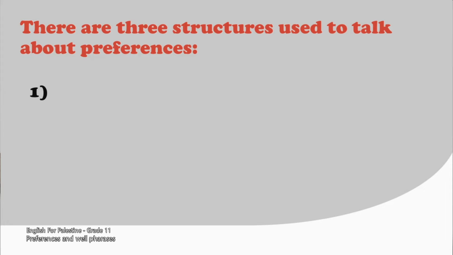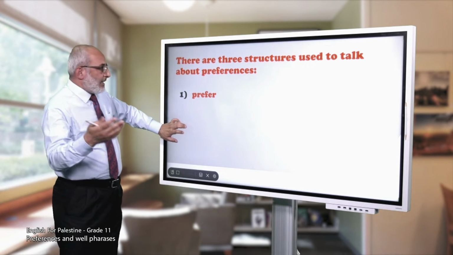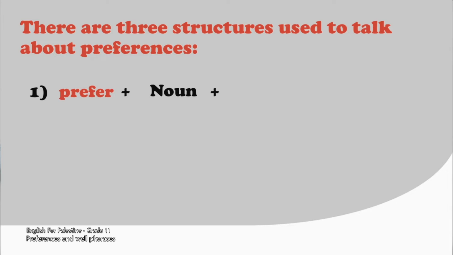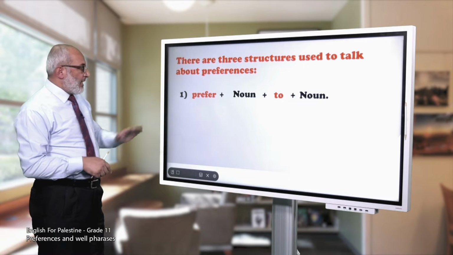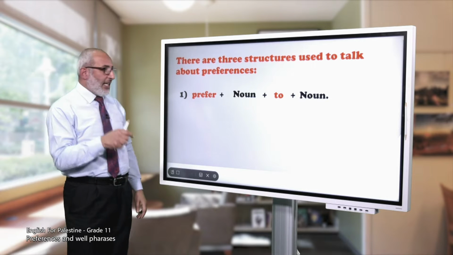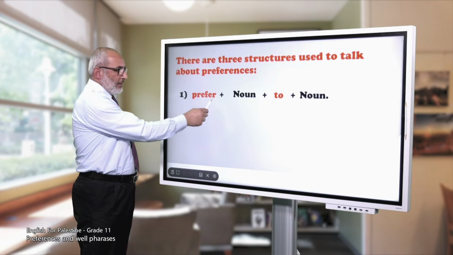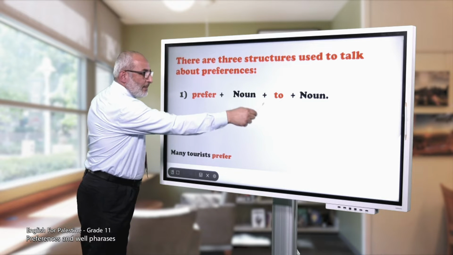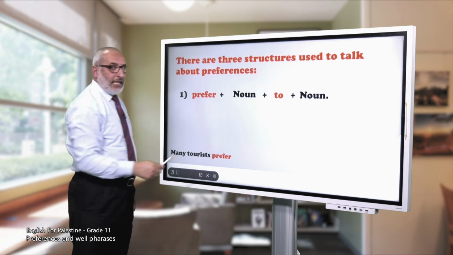The first one, we use the verb prefer, which means يفضل, plus noun, plus to, the preposition to, plus noun. Okay? So again, the first structure is prefer, plus noun, plus to, the preposition to, plus noun.